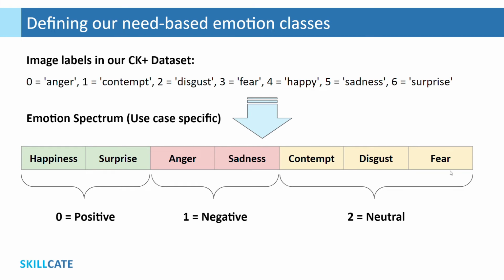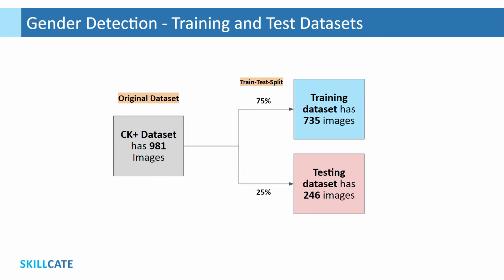Thus, we are clubbing our 7 available labels into 3 unique labels basis our business need. Now, just to summarize, we have a total 981 labeled images in our dataset. We split that up into 75-25 training and test. Accordingly, we then have 735 images going into training our CNN model and 246 going into testing.